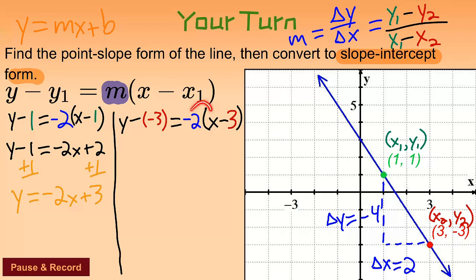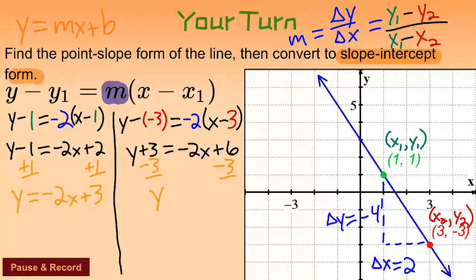Now we're going to distribute that negative 2, and we're also going to write this as y plus 3. So we have y plus 3 on the left. Distributing that negative 2, first to the x, we get negative 2x. Then to the negative 3, negative 2 times negative 3 is positive 6. And now to isolate our y value there, we're going to have to subtract 3. So we get y all by itself on the left-hand side, equals negative 2x plus 3.